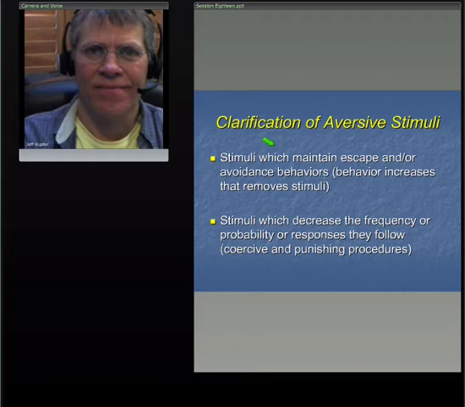So I want to clarify a little bit because a lot of times people get confused between negative reinforcement and punishment. So let's go through this because the confusion comes from clarifying what it is that aversive stimuli do with respect to behavior. Stimuli which maintain escape or avoidance behaviors, okay, behaviors will increase with those opportunities that remove those stimuli.